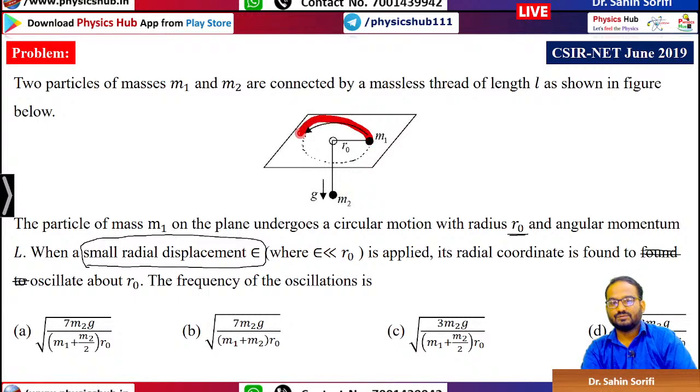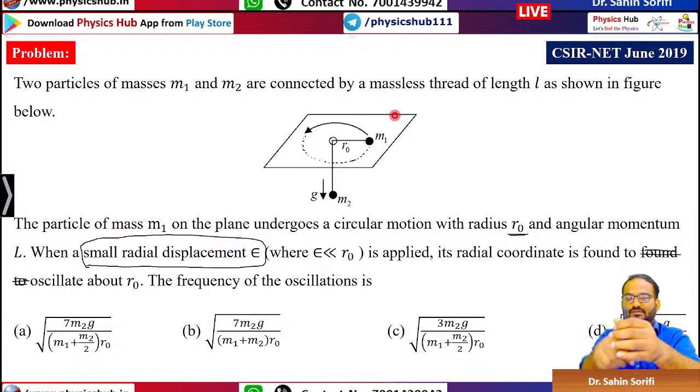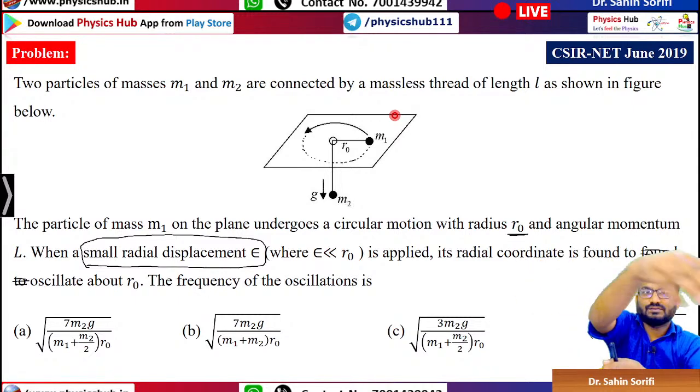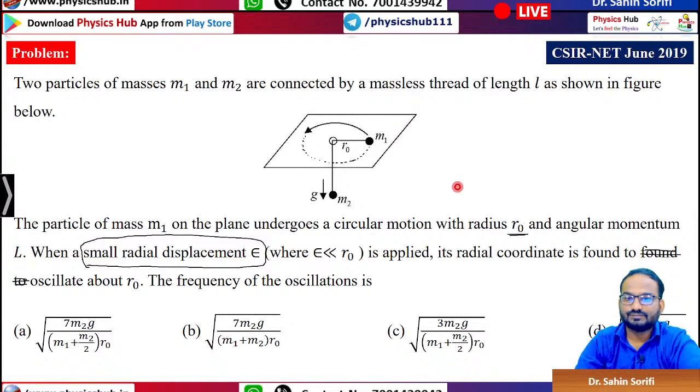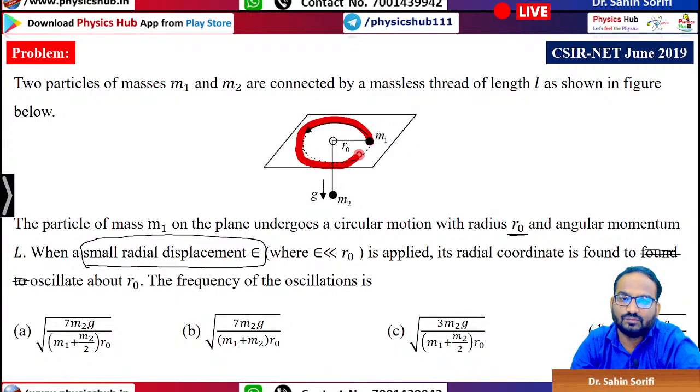Now if this mass moves in a circular trajectory, what will happen? Because of the circular motion, this mass m1 will feel an outward centrifugal force, and that will help to keep this m2 steady at this point.